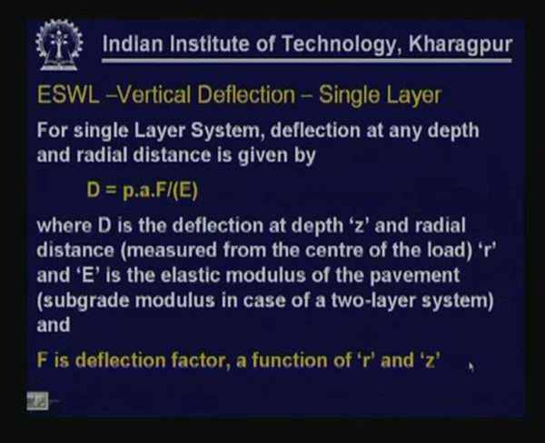For a single layer system, the deflection is usually a function of the contact stress, the radius of contact area, and the modulus value of the system, multiplied by a factor F, which is called the deflection factor, where d is the deflection at depth z and radial distance r, which is measured from the center of the load, and E is the elastic modulus value of the pavement, or the subgrade modulus value in case of a two layer system.